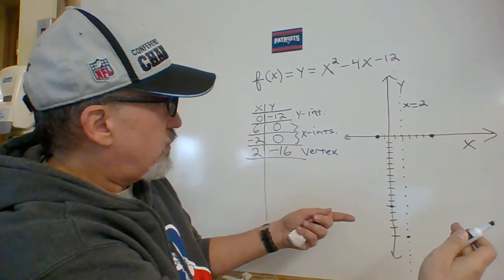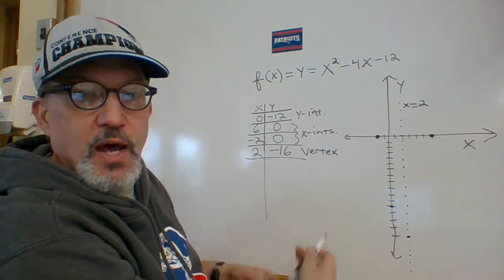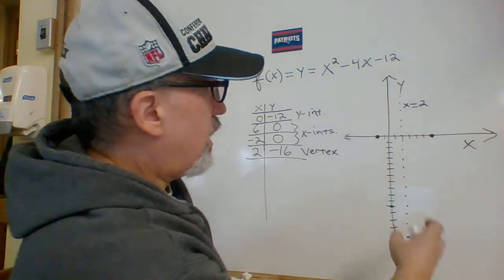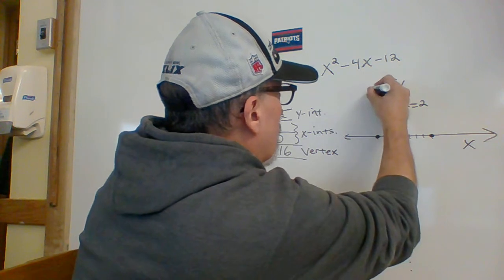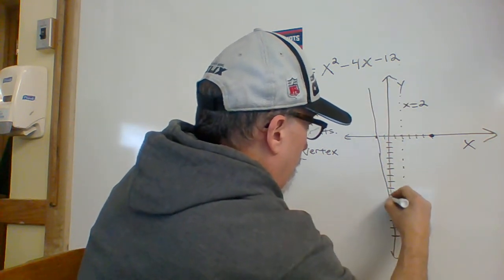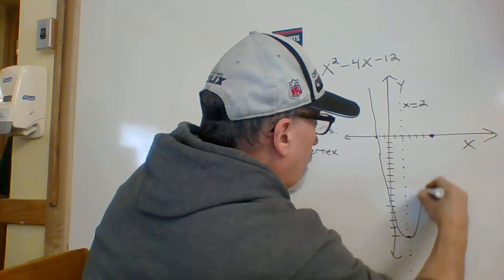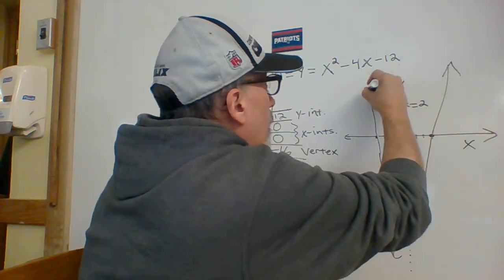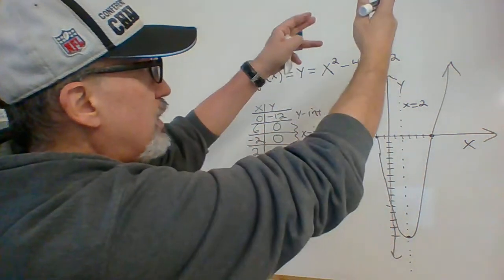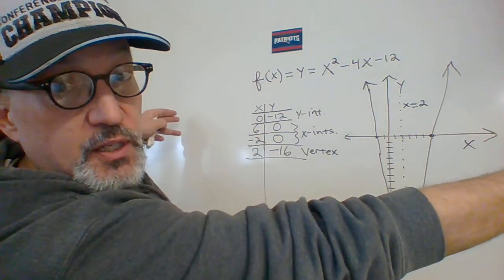Just choose values of x and get the corresponding y, and that would help us to better make that smooth curve. But let me give it a try. Notice the arrows. The graph goes infinitely up, and it also goes infinitely left and right.